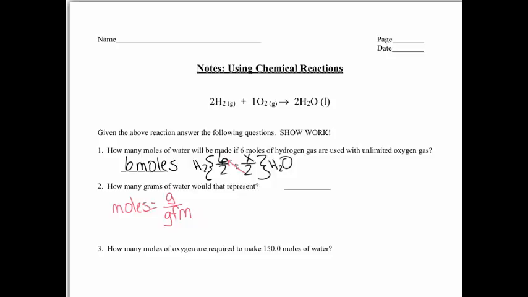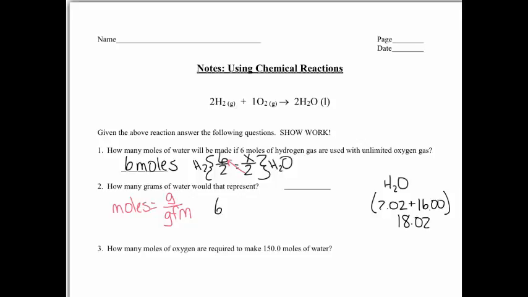The formula for water is H2O. H is 1.01, but we have 2 of them, so we're going to multiply that by 2, and you have 2.02, plus the mass of oxygen, which is 16, so that works out to be 18.02.